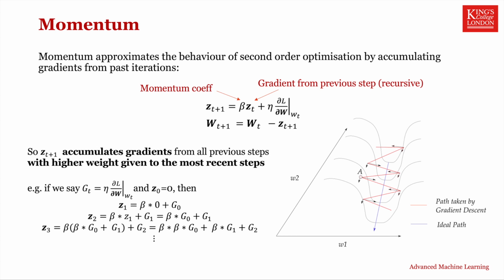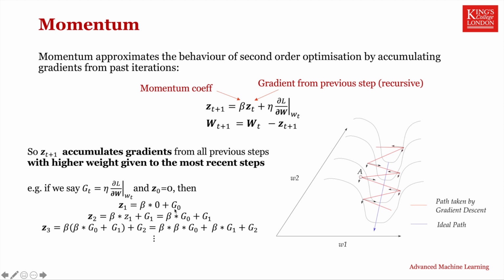For example, let's say that g of t here is the gradient estimate with respect to our current parameters, wt. If we start at t equals 1, where z0 is our initial state, which is initialized as 0, then this means that at time 1, z1 is equal to beta times 0, because z0 is 0, plus the gradient at this location.